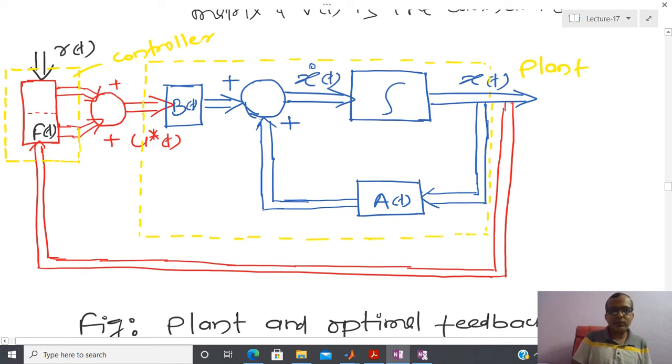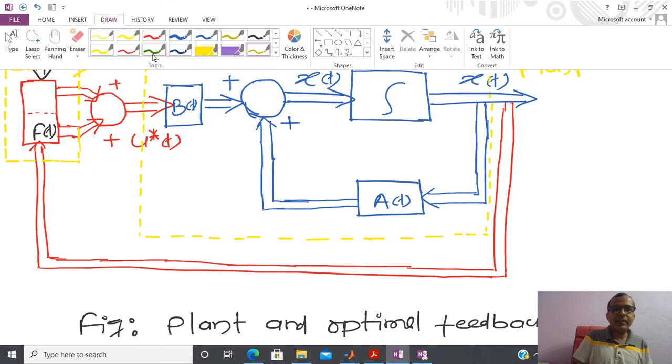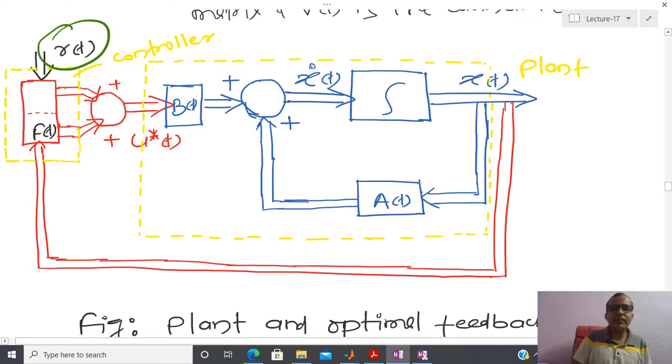Suppose I have to track r(t). This is my reference signal that I have to track. Then I am going to define some kind of integrator, and I am assuming that all state information is available to me. Obviously, by designing a proper observer based control, it is possible to show that one can relax this assumption, but for the time being you can assume that all states are available at the output.